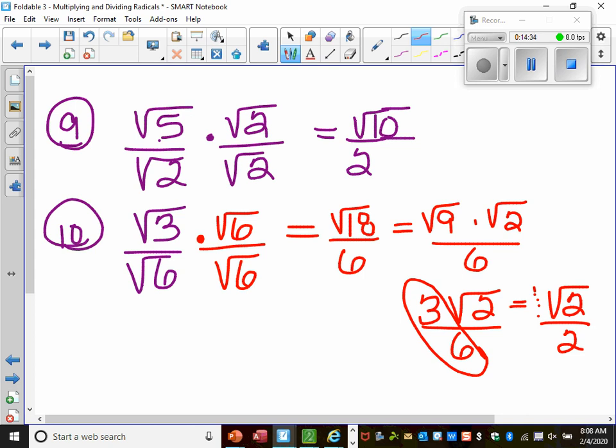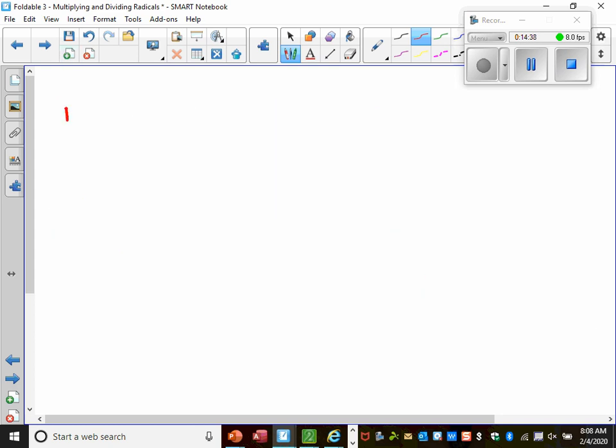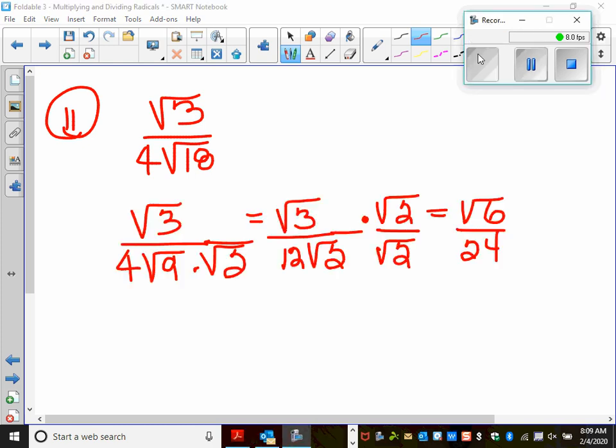All right, so I'm going to have you try this one on your own, and then we're going to call this number 11. It's going to be rad 3 over 4 rad 18. Okay, try that and see what you come up with. So here's the process right here. You should have rad 6 over 24. And you cannot reduce that.